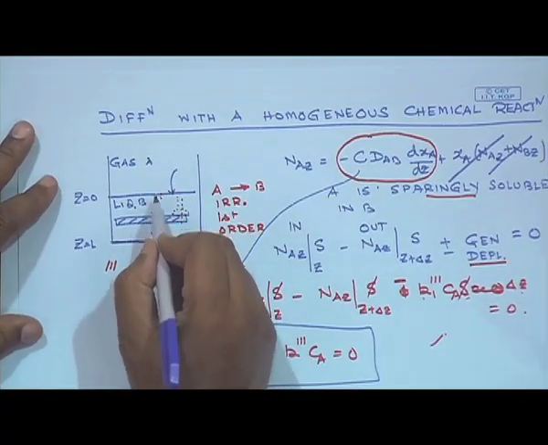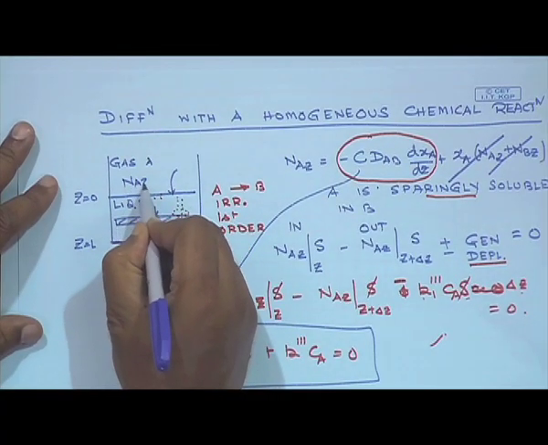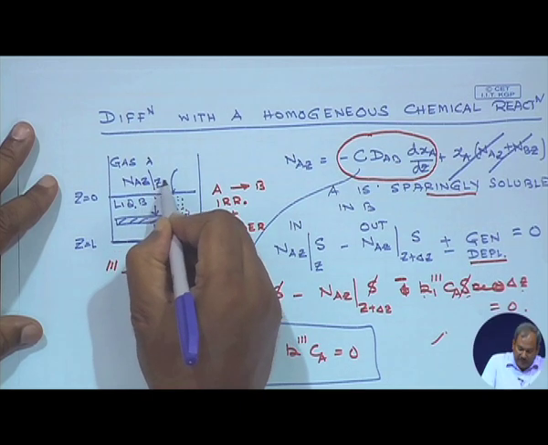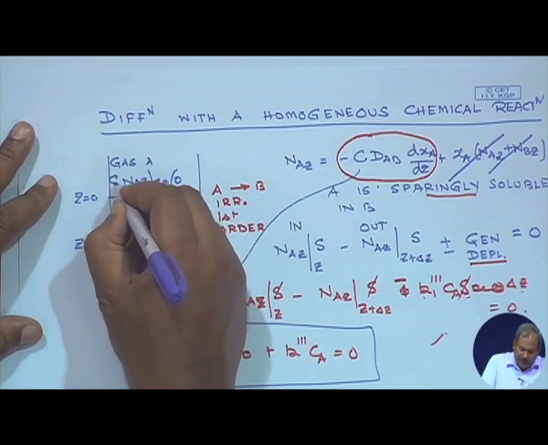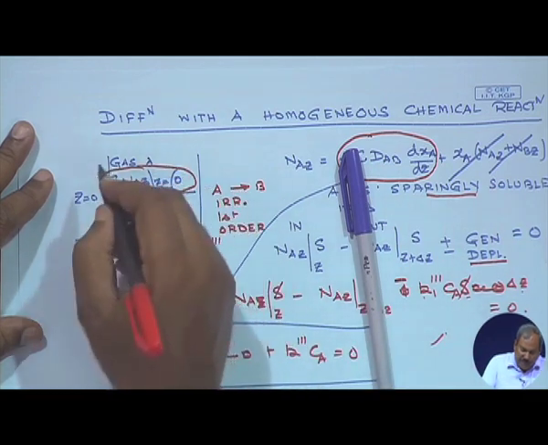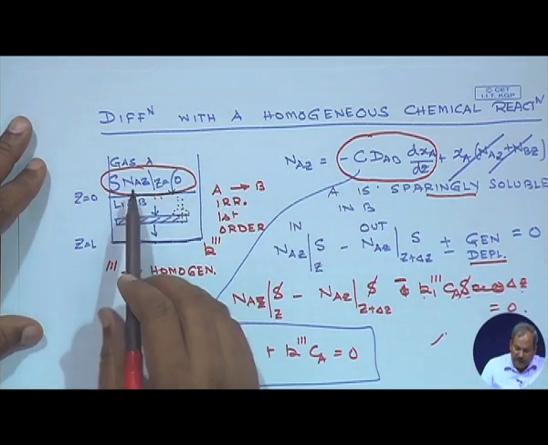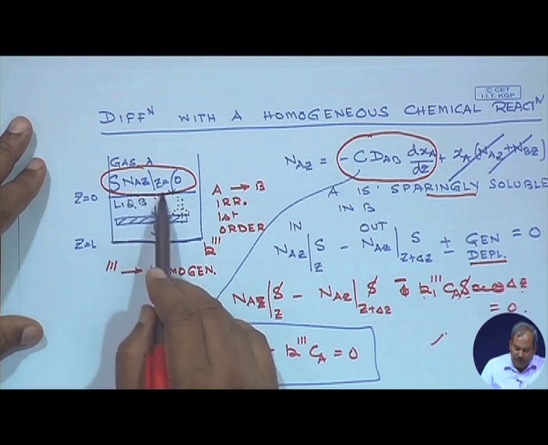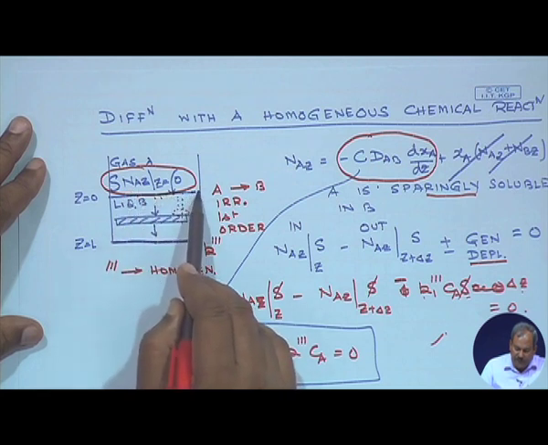what is going to be the amount of dissolution of A in the liquid. If you again look at this figure, it is going to be whatever be the flux of A at Z equals 0 multiplied by the surface area. So S times NAZ at Z equals 0 is going to be the amount of A which is getting dissolved in the liquid.